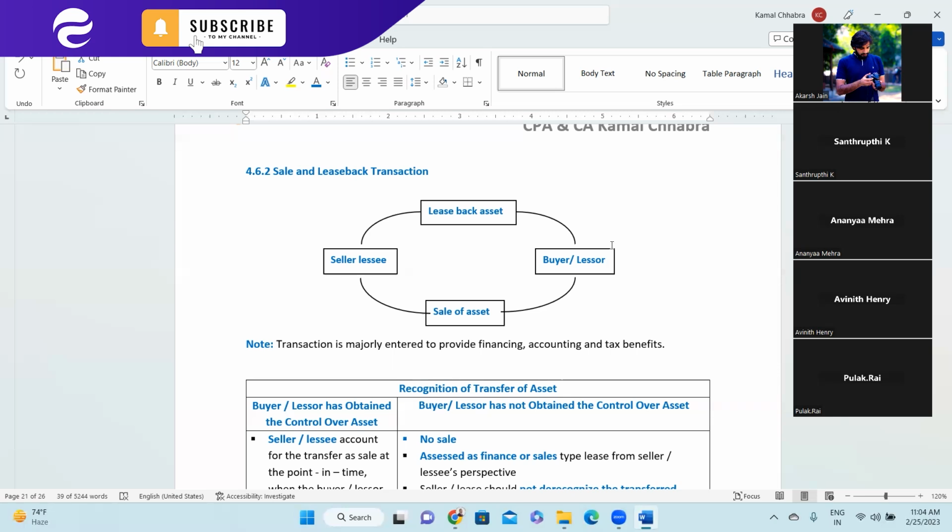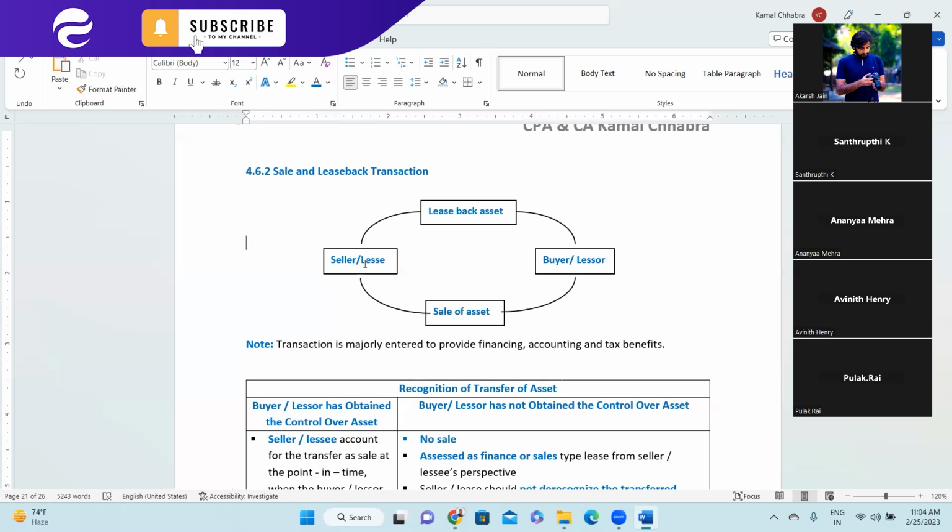Generally, they sell those assets and take those assets back on a lease. So if you see here, the sale of assets is from the seller. The seller is also the lessee here. It goes to the buyer, who becomes the lessor, and then he provides the asset back to the seller on lease.